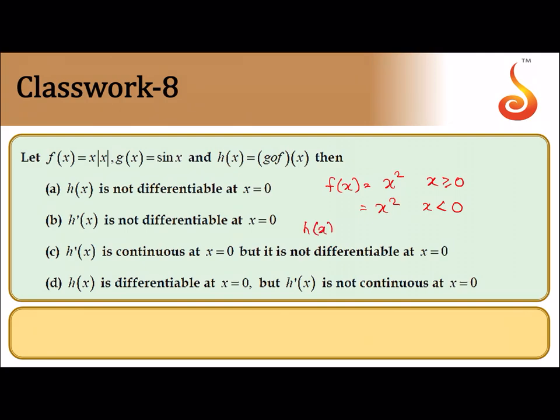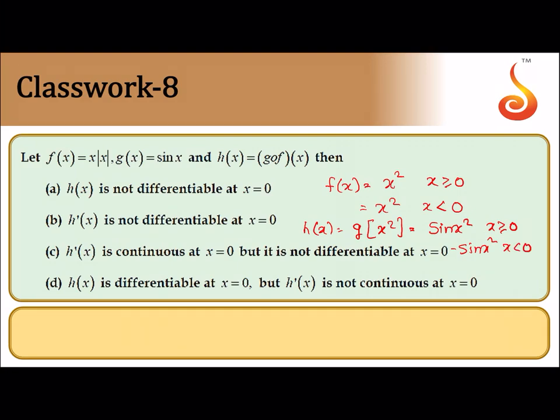Example 8. f(x) equals x plus 1 by x. It's a very good example. Just concentrate. f of x is equal to x square whenever x is greater than or equal to 0, and it is minus x square whenever x is less than 0.